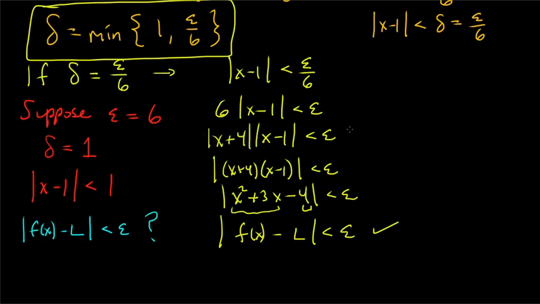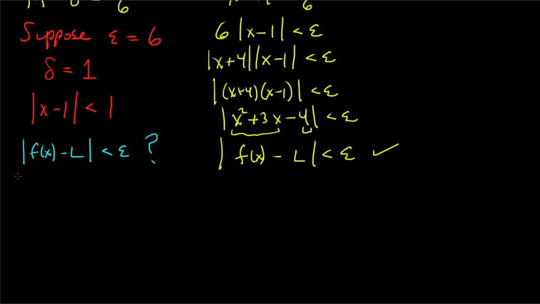Is that true? Okay, so let's check. Remember, f of x was x squared plus 3x. The limit was 4. Is that going to be less than epsilon? Epsilon in this case is 6. Is this going to be less than 6? All right, that should be a 6, because that was my choice.